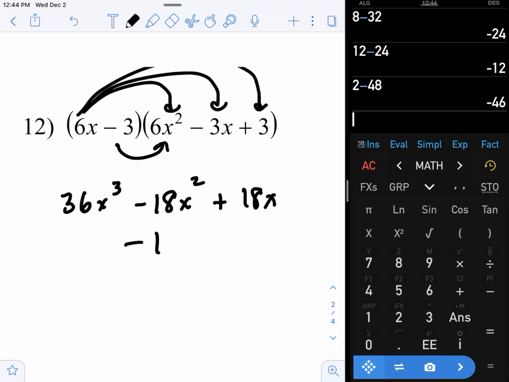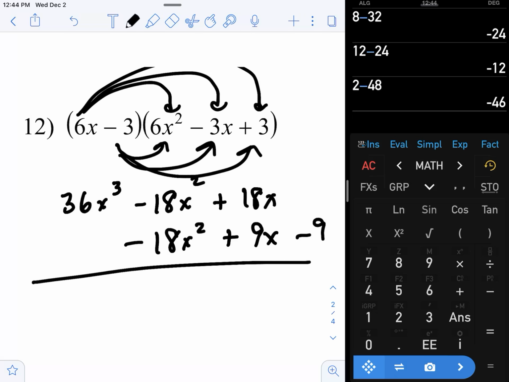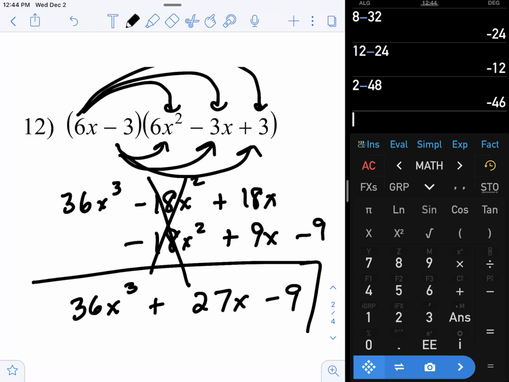Okay. Minus 18x squared plus 9x minus 9. This one cancels. Minus 9. Okay.